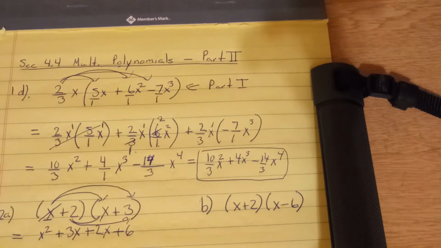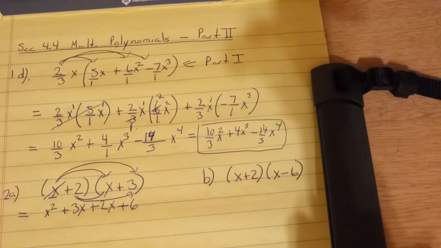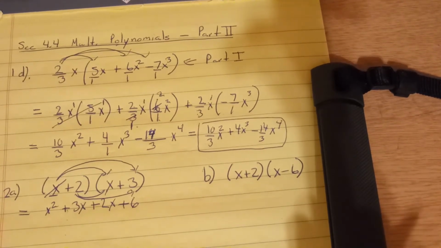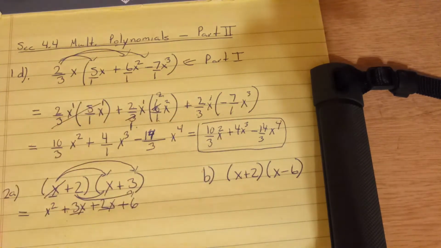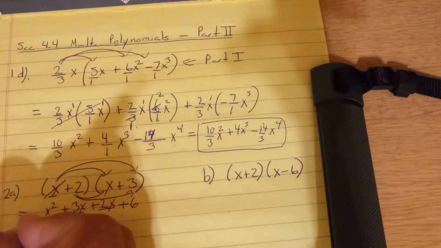Now you may be asking, what's the difference if we're doing multiplication the same? Well, the difference here is that when you're dealing with binomials, you're more than likely are going to have to collect like terms. So if we take a look here, we could go ahead and collect the 3x and the 2x. The previous examples that we didn't have that. But in this particular case, we do.